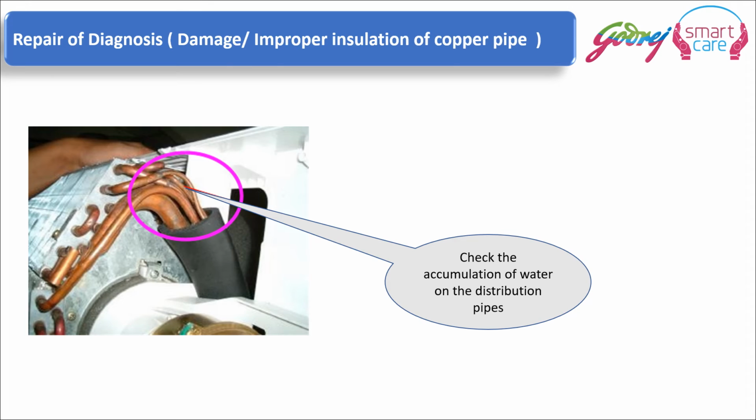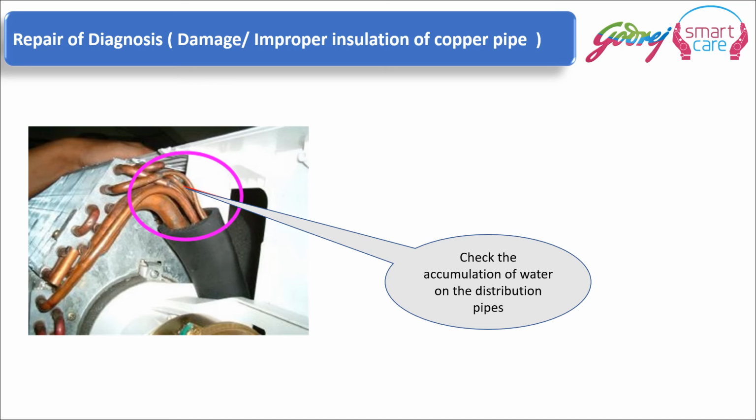Also, where the distribution of refrigerant happens in the indoor unit, the bunch of copper pipes can tend to have condensation of water on them because they are directly exposed to the return air.